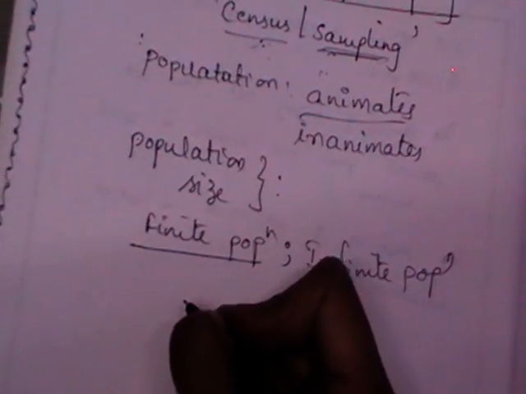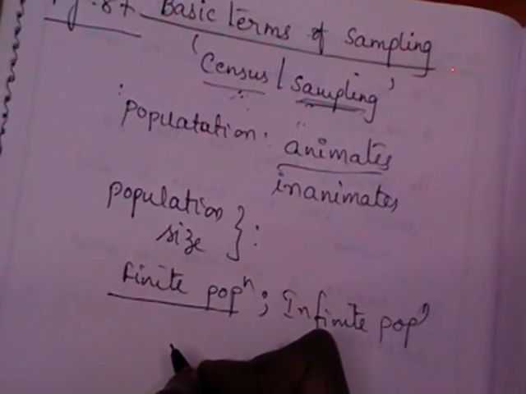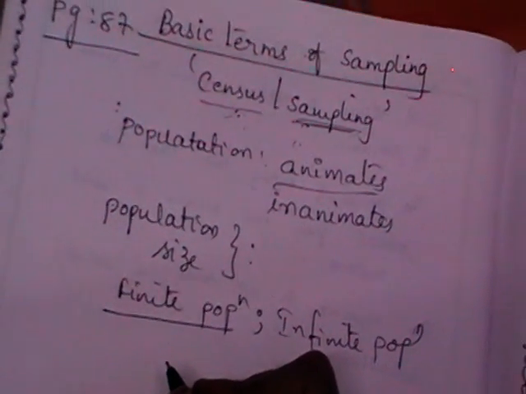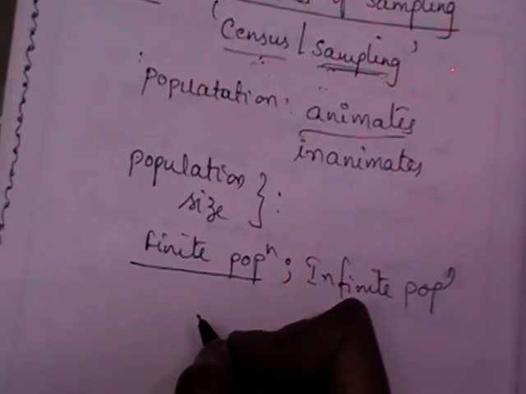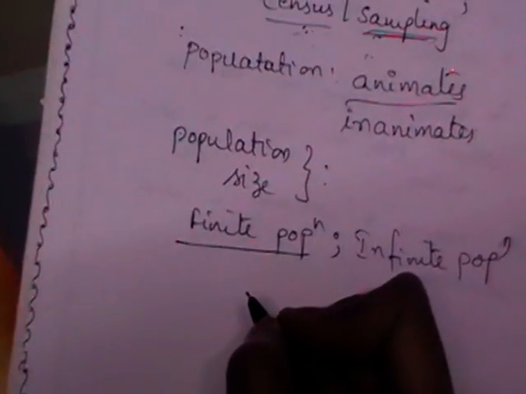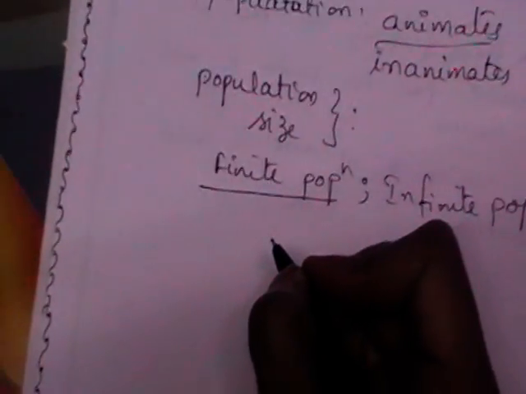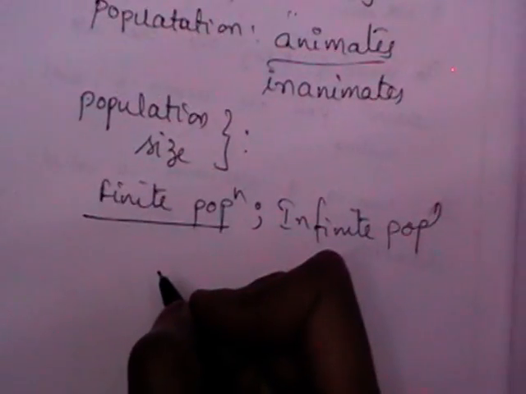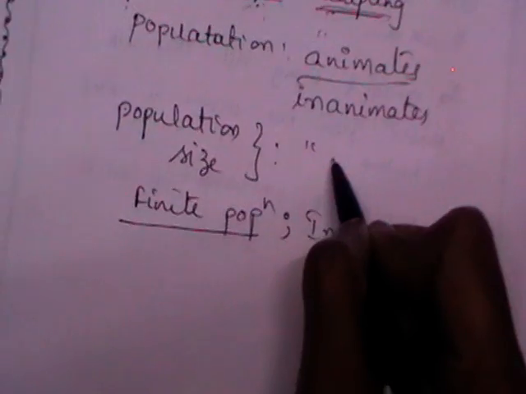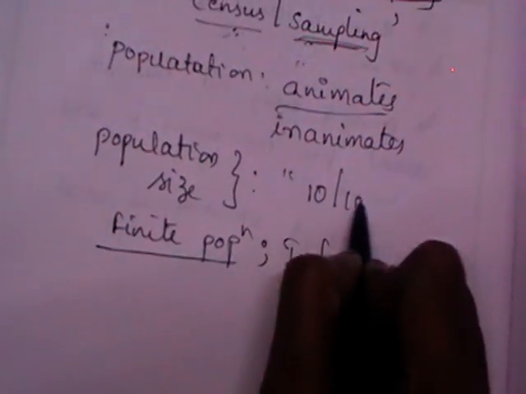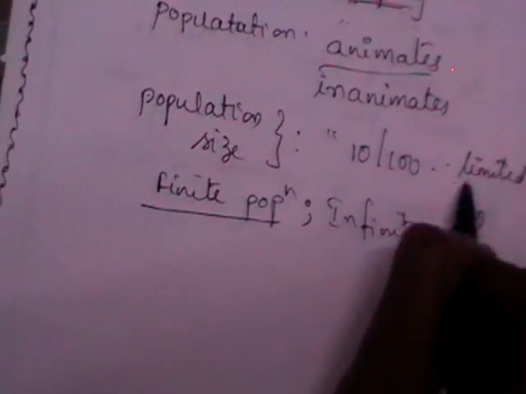If I take the number of workers in a company, and my objective is to study the different income levels in that company, then the number of workers in that company becomes the population. The size of the population there is always countable, depending upon the size of the company. It may be 10, 100, whatever it may be. Always it is a limited, counted number.